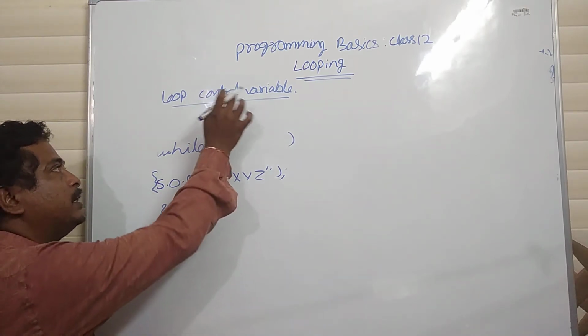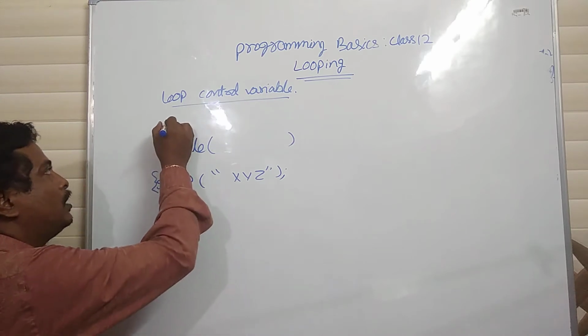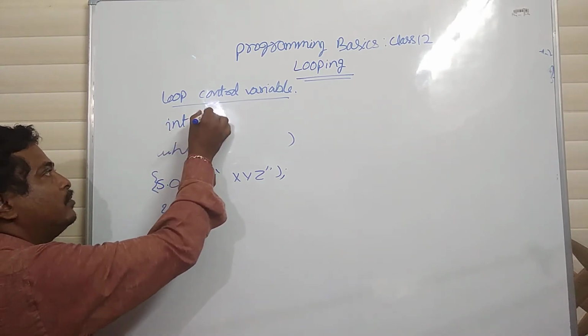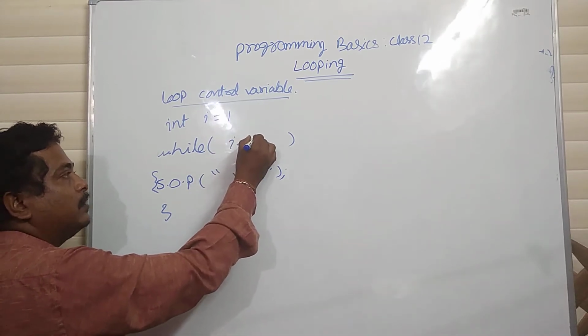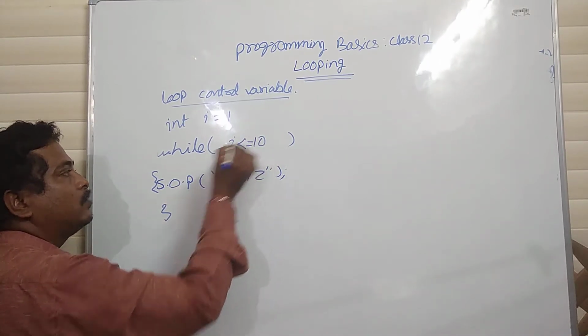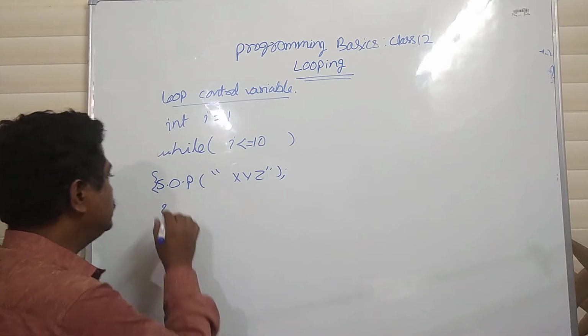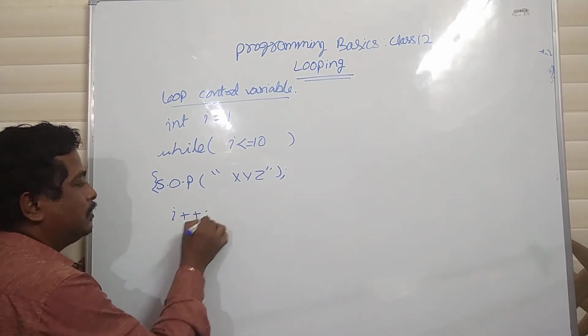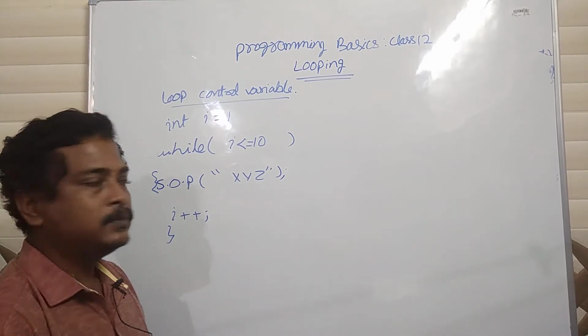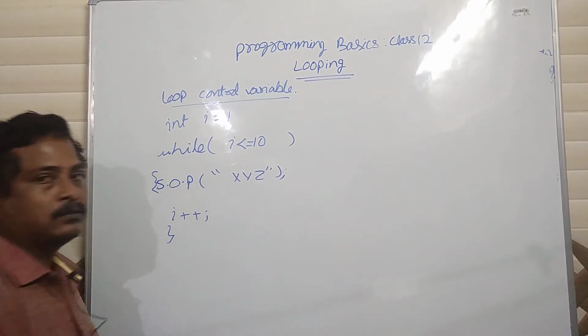So this variable will control it for 10 times. How? You take a variable int i = 1, while i less than or equal to 10. Here I will write i++. Now see this statement, how many times will it execute?